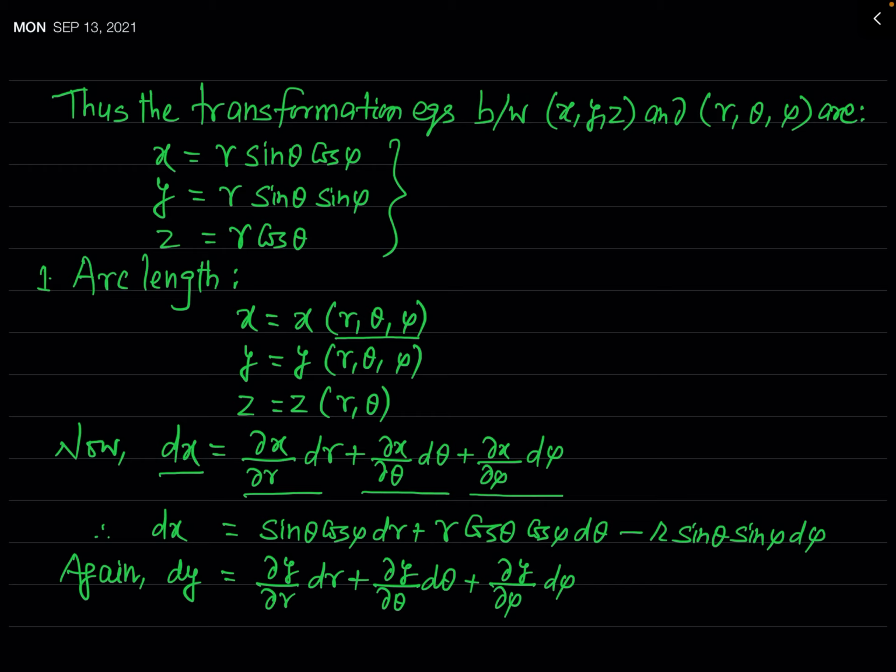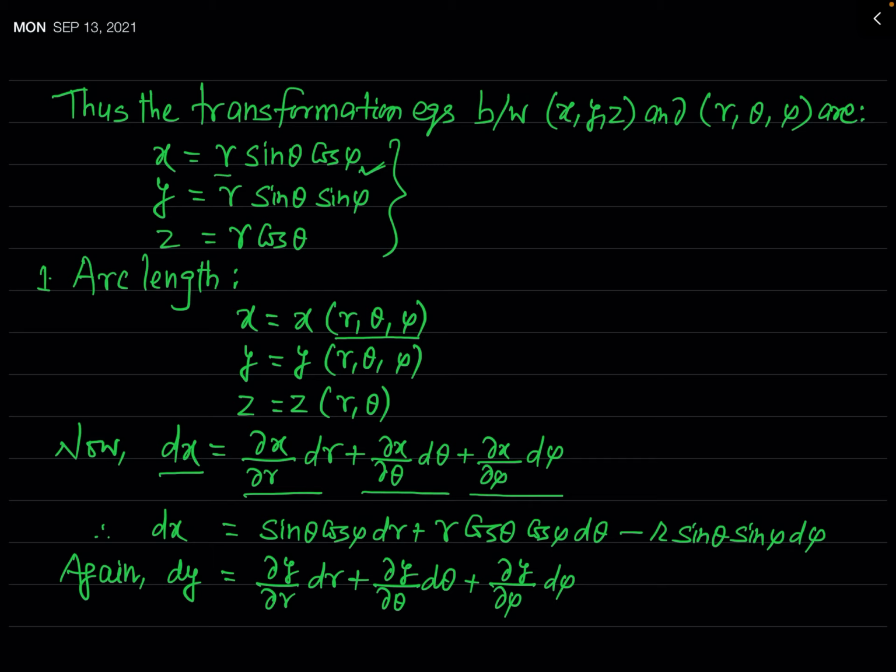Now see this result, that x is equal to r sine theta cos phi. As x is equal to r sine theta cos phi, you can easily find the derivatives del x by del r, del x by del theta and del x by del phi. What will be del x by del r?